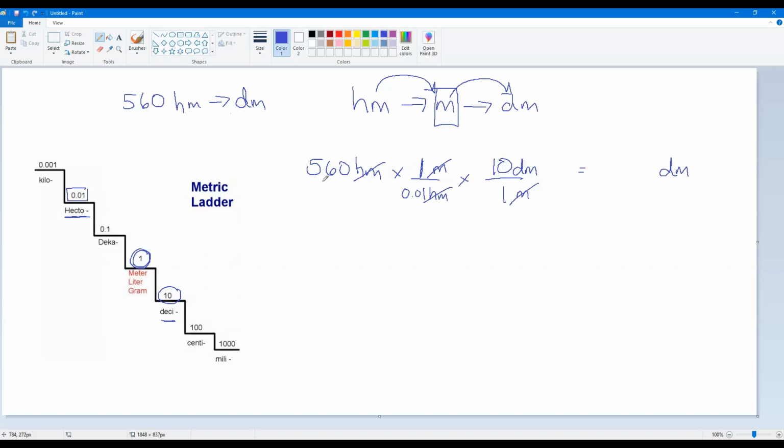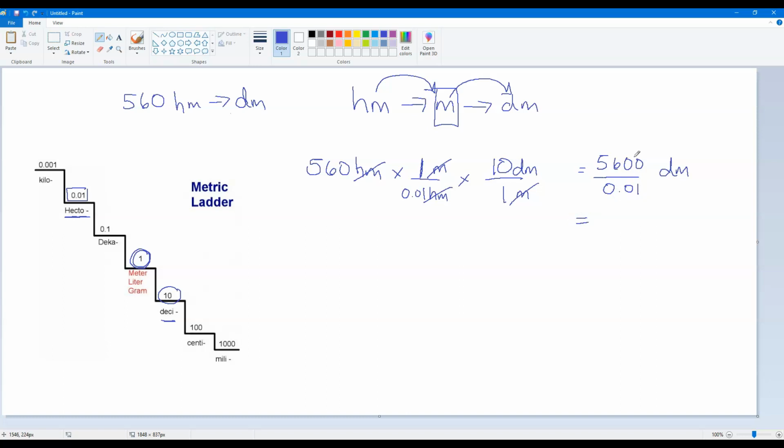Then we can put it into our calculator and multiply across the top. So we'll do 560 times 1, which is 560, times 10. That's going to give us 5,600 on the top. And then on the bottom, we have 0.01 times 1 is 0.01.